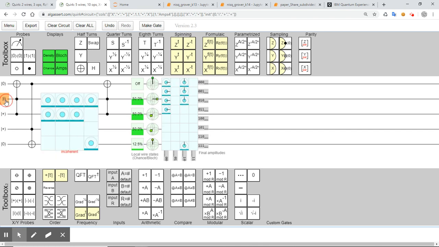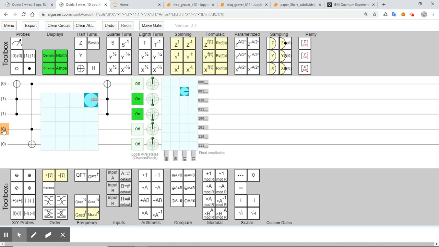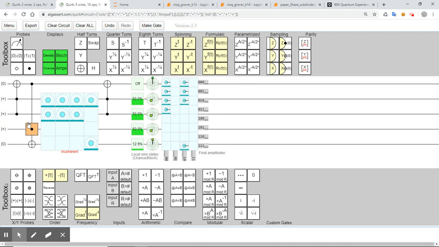If this is 1 1 1, like that's all fine, right? That's all fine. It's just the problem comes when you've got superpositions in here, because now you've basically entangled, you've created entanglement, right?